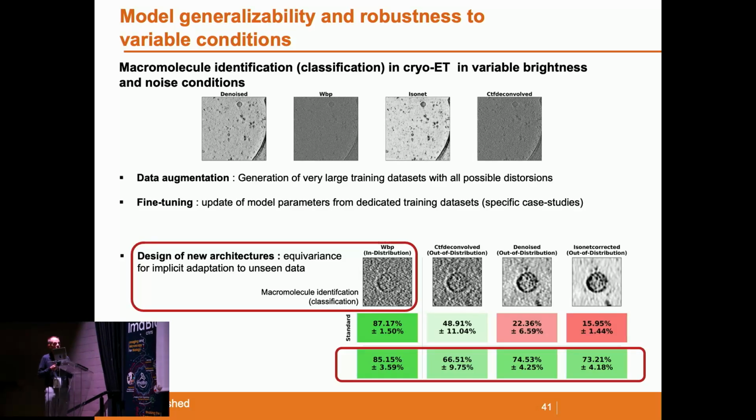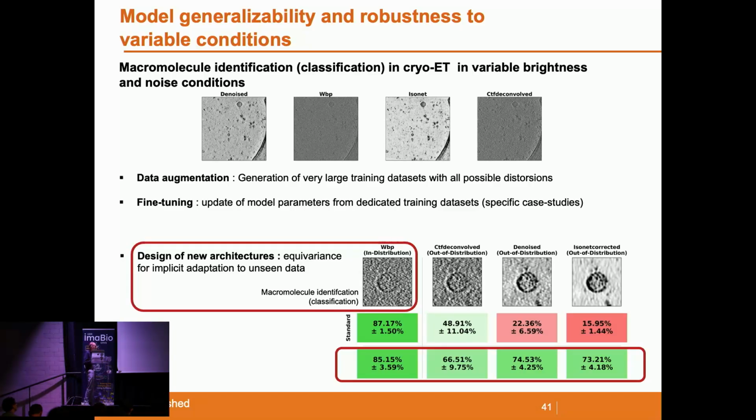But if you consider a new architecture that is based on equivariance, you preserve the performance of the model. It means you don't need to retrain the model. The model is robust to different spatial conditions, so you save time and you save money once more.